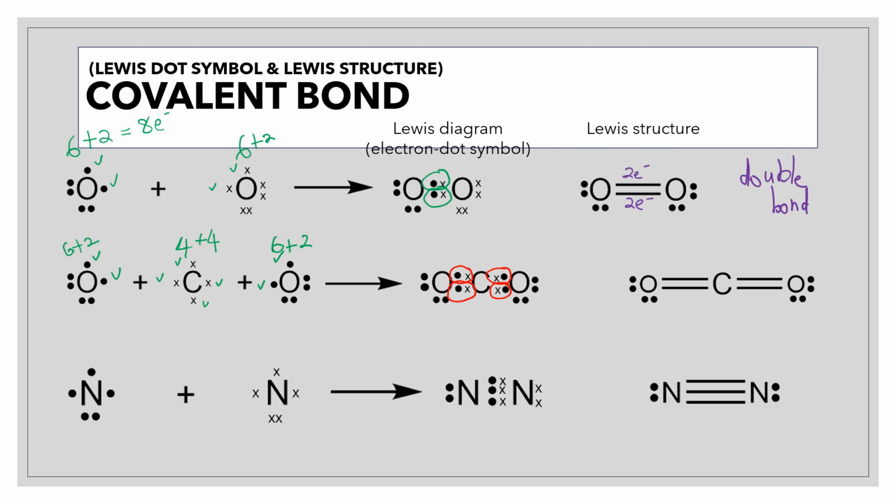So by sharing these electrons, you can check the Lewis dot symbol for the product. Oxygen has sebanyak 2, 4, 6, 8. So achieve octet already. Oxygen sebelah kanan akan having 2, 4, 6, 8. Pun mencapai octet, dan carbon di tengah akan mempunyai sebanyak 2, 4, 6, 8.